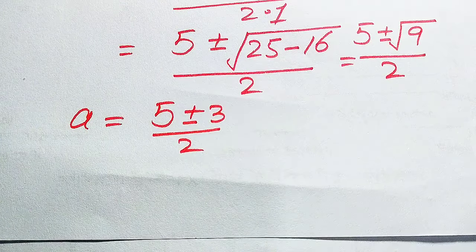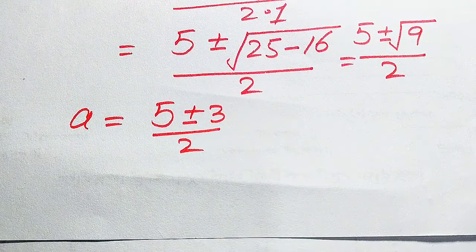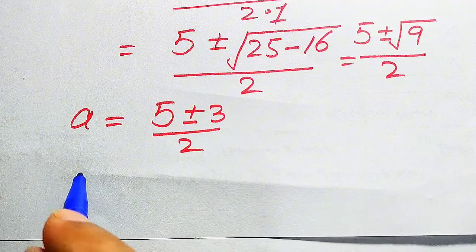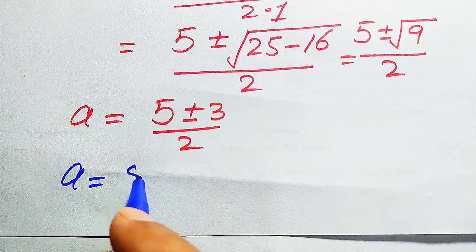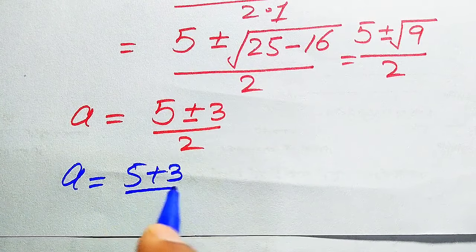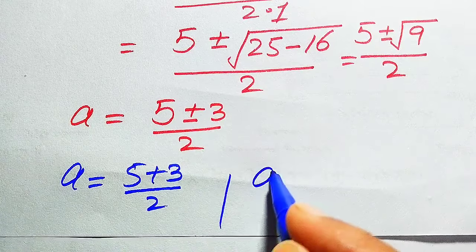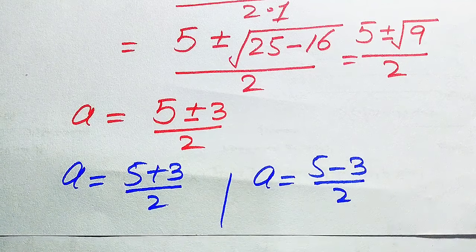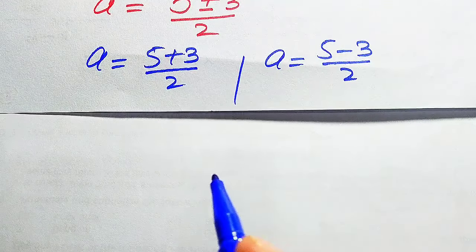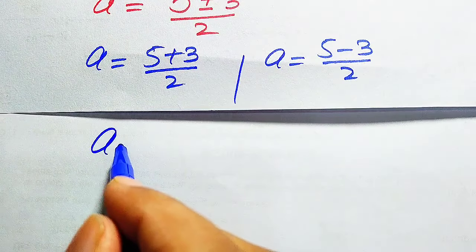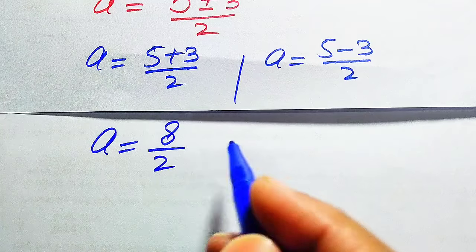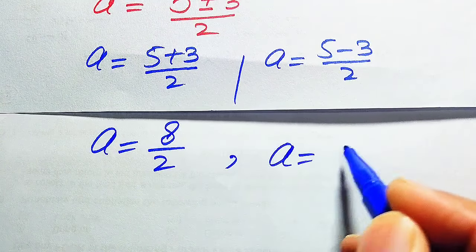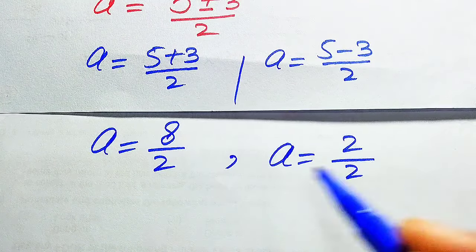So here we divide this equation into two cases. The first case is we write the positive value, a equals 5 plus 3 divided by 2, and the second is we write the negative value, 5 minus 3 divided by 2. And from here we get a is equal to 8 divided by 2, and from here we get a is equal to 2 divided by 2.